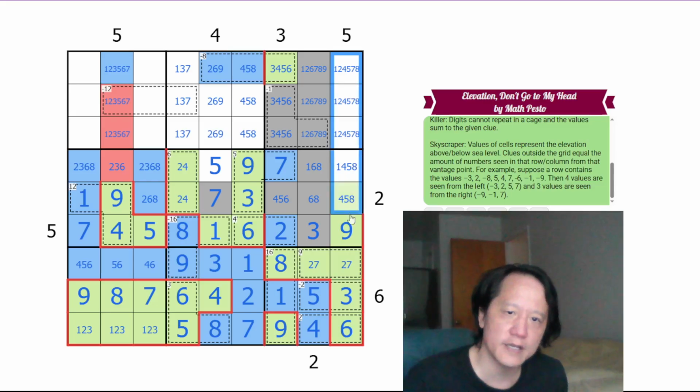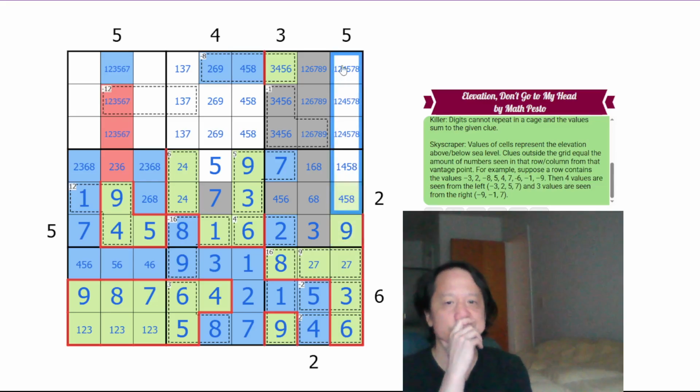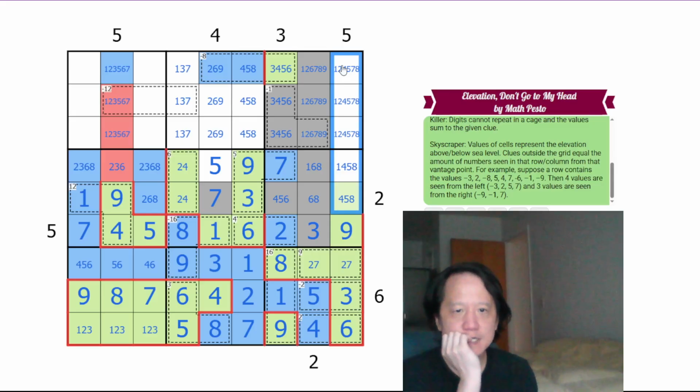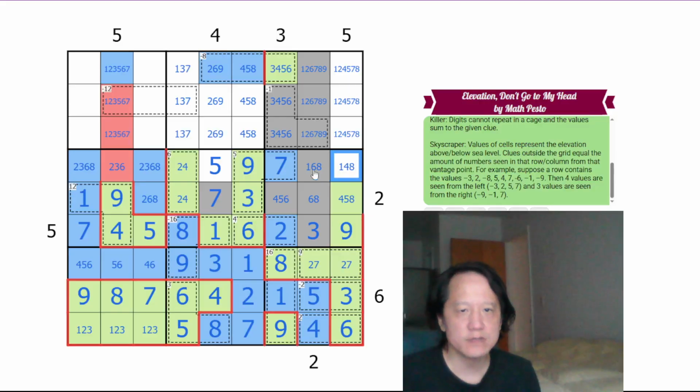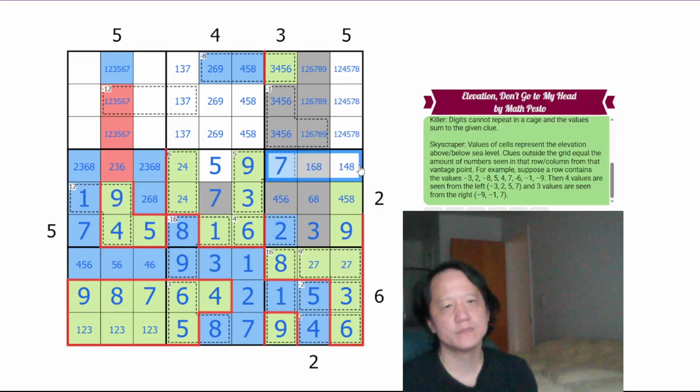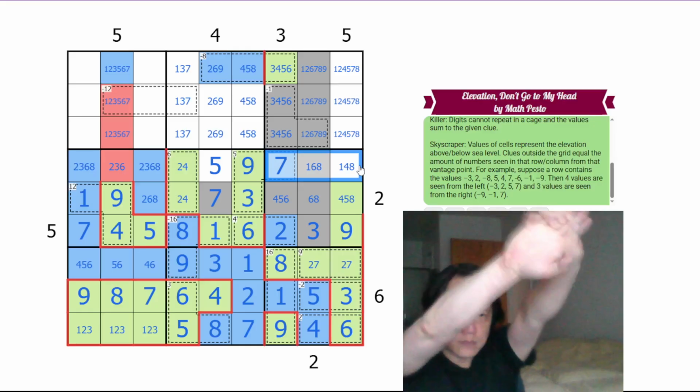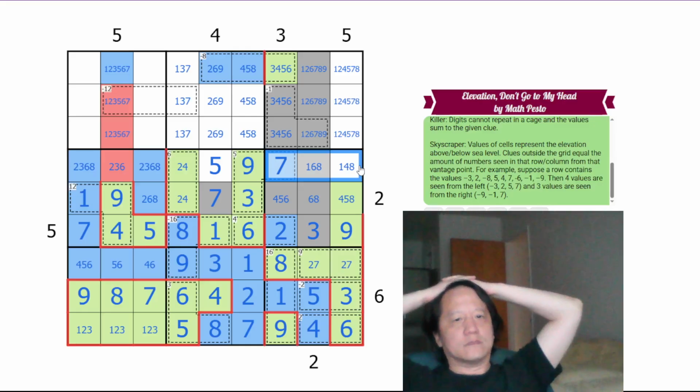This sees the 9 here, and then 5 more of these cells. 5 eliminates 5 in the rest of this row here. Mm hmm.